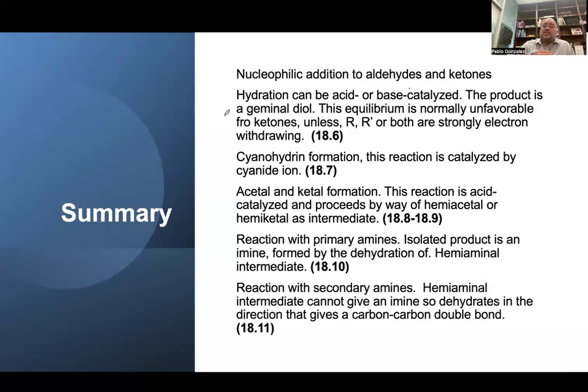The reaction with secondary amines also produces a hemiaminal intermediate that cannot give an imine because they don't have the hydrogen on the nitrogen. So they remove the alpha hydrogen and dehydrate the molecule, producing the carbon-carbon double bond, and that's going to be the enamine product.